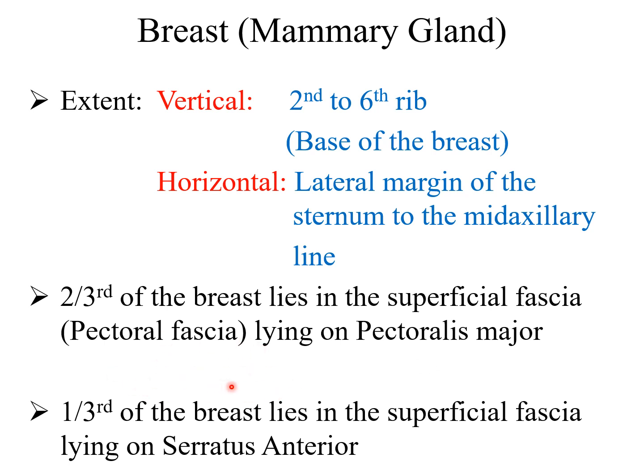And one-third of the breast lies in the superficial fascia lying on the serratus anterior muscle. So basically, mainly two muscles are involved providing the base to the breast: two-thirds on the pectoralis major on the chest and one-third on the serratus anterior. And a little bit of extension of the breast is also on the abdomen, that is external oblique, but it is a very little extension. Mainly it lies over pectoralis major and serratus anterior muscles.